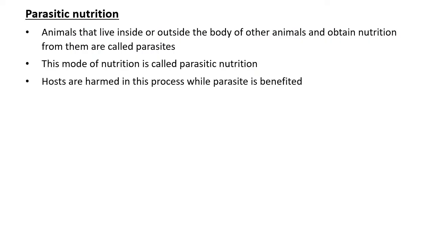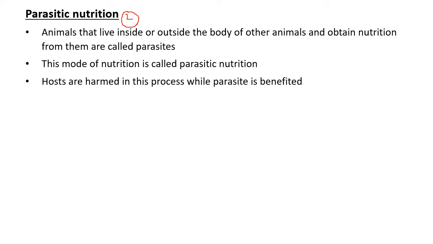Now I'll discuss one particular case study, and that is, okay, this is the third type first. Parasitic nutrition is the second type, not the third type. Parasitic nutrition is the second type, where one organism takes food from another organism.